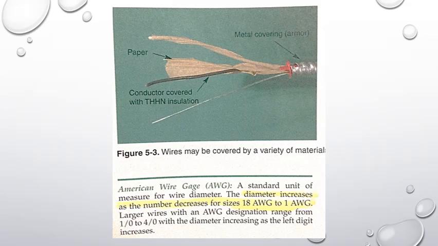Code alert, Article 100. Dry location: a location not normally subject to dampness or wetness. A location classified as dry may be temporarily subject to dampness or wetness, as in the case of a building under construction.